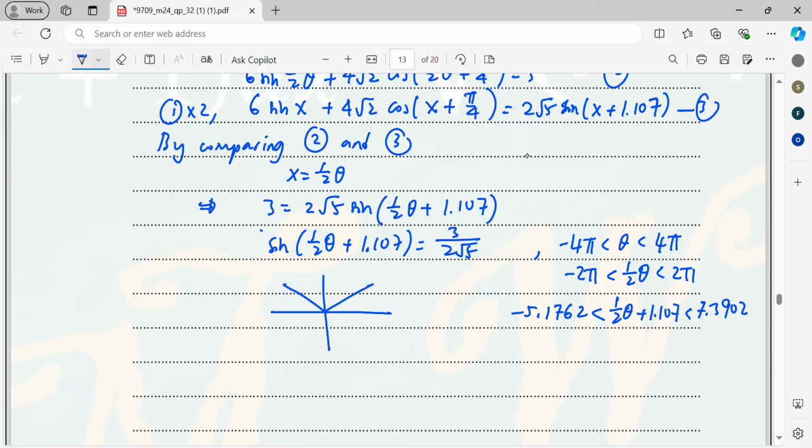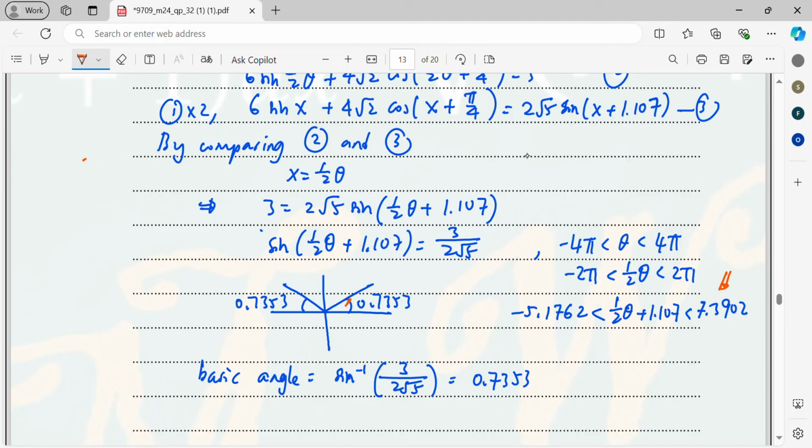So now my basic angle equals inverse sine of 3 over 2 root 5. This is going to be 0.7353. So I will label these two values. But when you look at the interval over here, I can accept all these values.